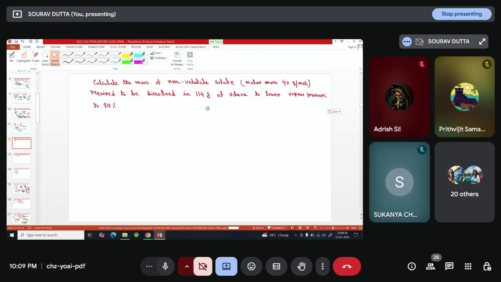So, calculate the mass of non-volatile solute required to dissolve in 114 gram of octane to lower vapor pressure to 80%. What is the meaning of that?